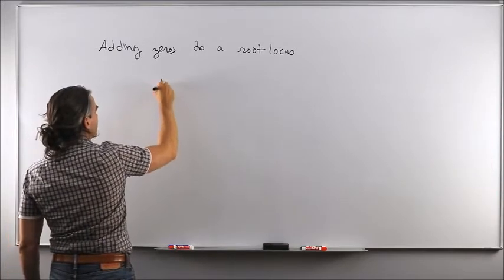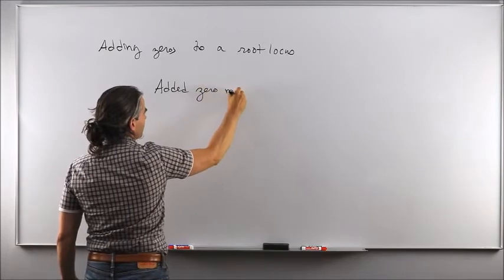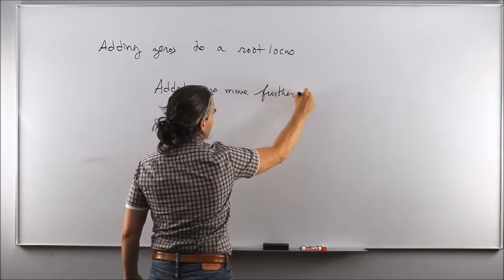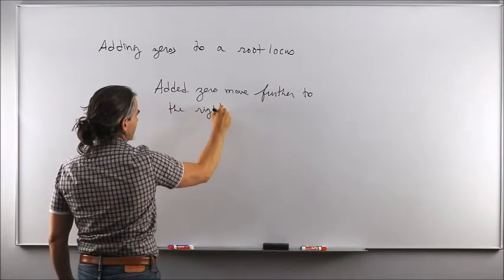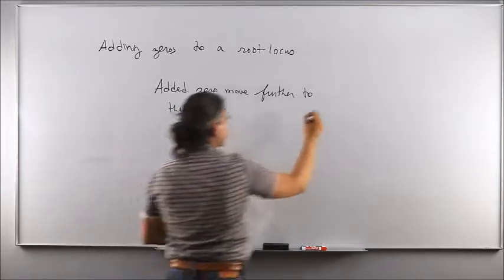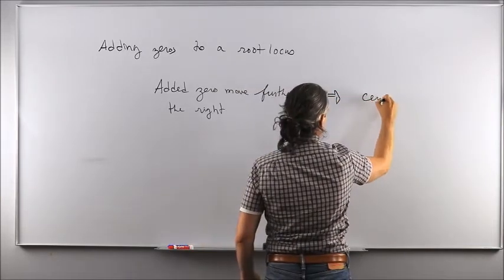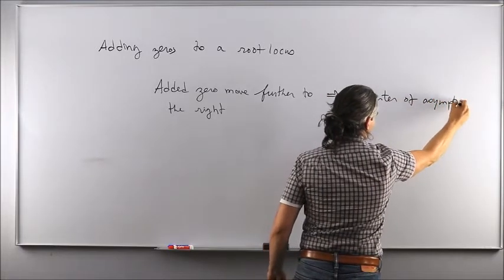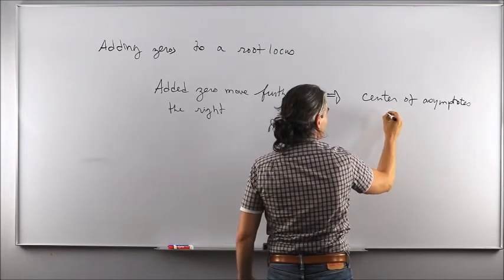So as the added 0 moves further to the right along the real axis in that direction, we are going to move the center of asymptotes towards the left.